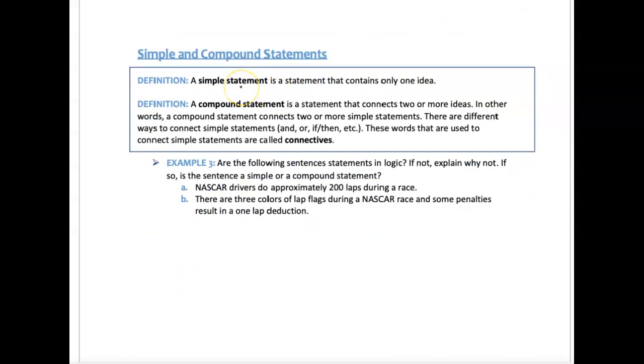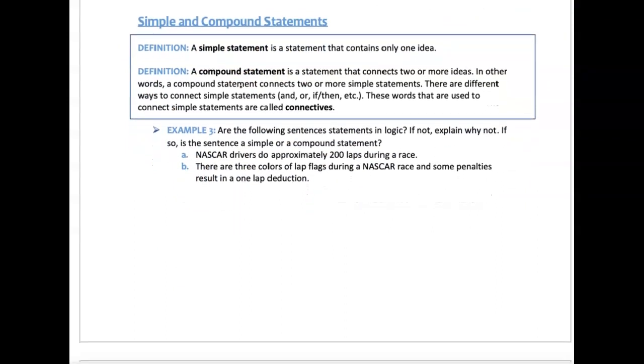They are simple statements. A compound statement, on the other hand, is a statement that connects two or more ideas. So a compound statement connects two or more simple statements. Now, you all are very used to doing this in the English language, right? Anytime you're using a comma or a semicolon, you are connecting statements.